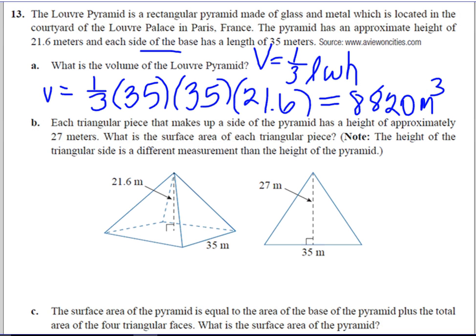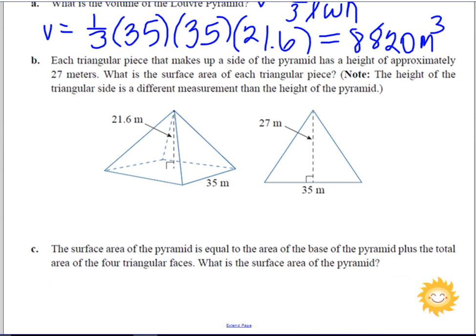So for the surface area, we don't have a formula given for the pyramid, but we can see that we have a square bottom and then the triangles on the sides. So the surface area of each triangular piece would just be the area of one of the triangles.